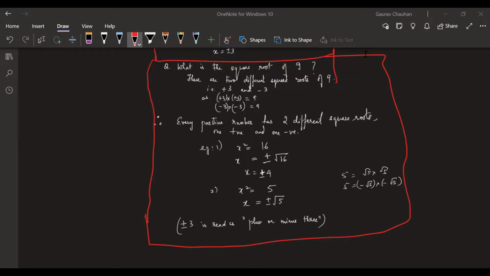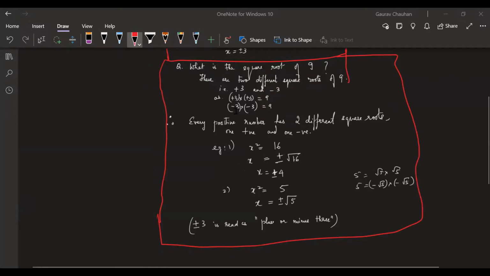Unmute and tell me. I'll wait for 5 seconds for unmuting. If you need more time, 5, 4, 3. You can type in the chat box also. Don't drop off if you unmute. 2, 1. Okay, moving ahead.